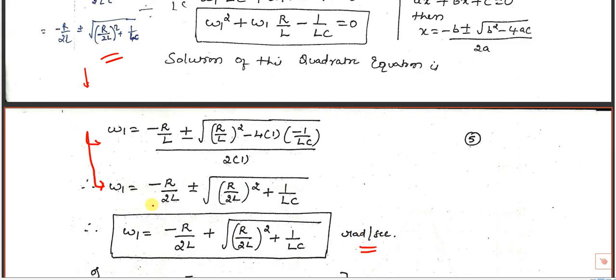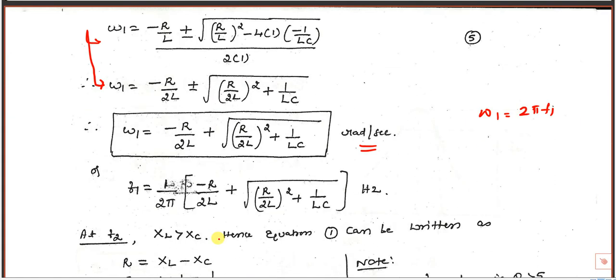In terms of frequency, you can write F1, and omega 1 is nothing but 2 pi F1. So F1 is equal to this divided by 2 pi. You have to divide by 2 pi here and here also.